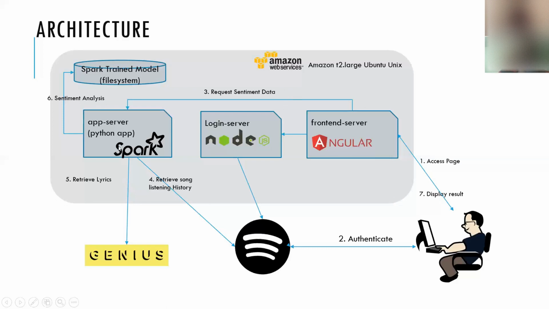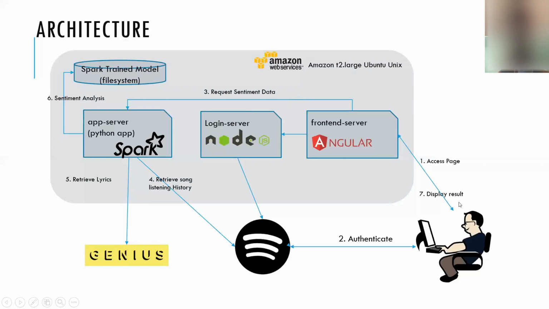We implemented 3 servers, 3 processes that run on Amazon cloud. We got a T2 large Ubuntu box on Amazon so that we can actually run it in the public cloud and make it available to anyone who wants to try it out.